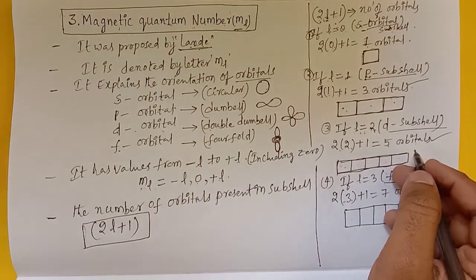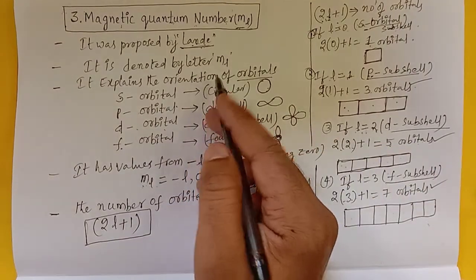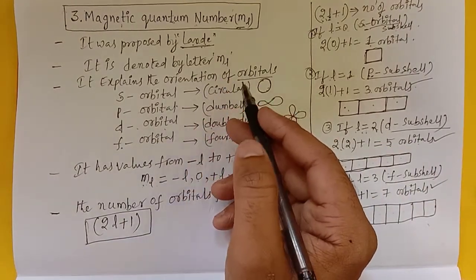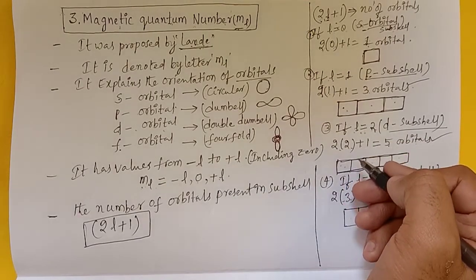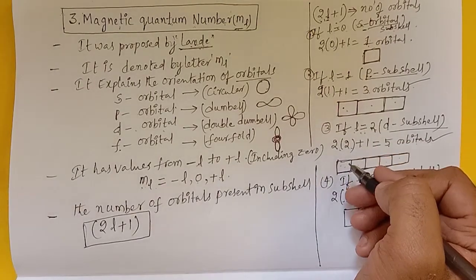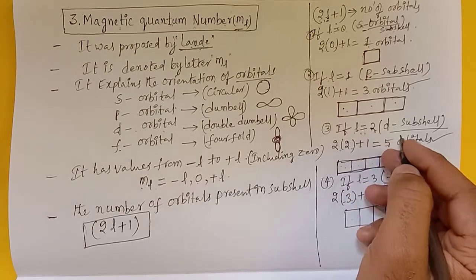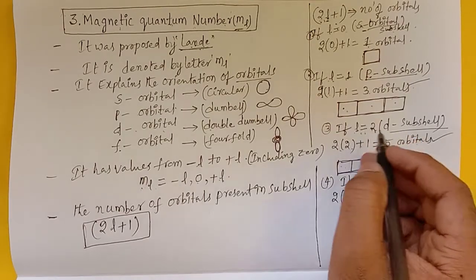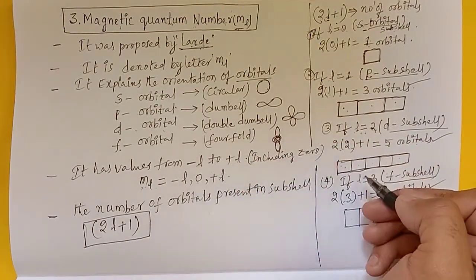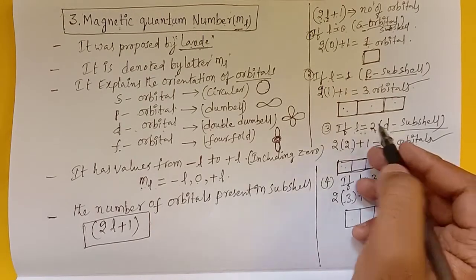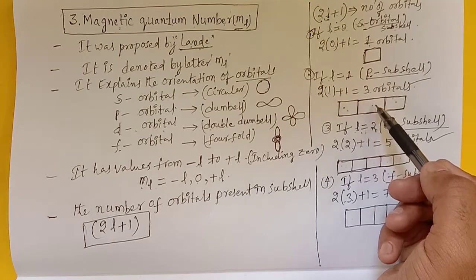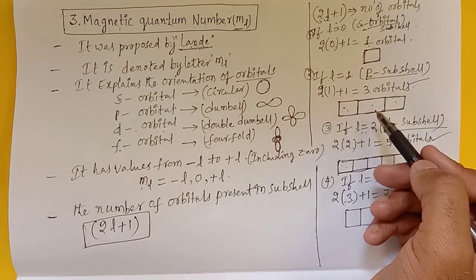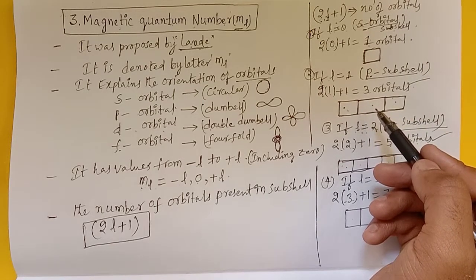So this is overall the introduction about the magnetic quantum number, and some more information we will discuss in the next video. In the next video we will calculate the number of electrons present in a subshell by using the formula.